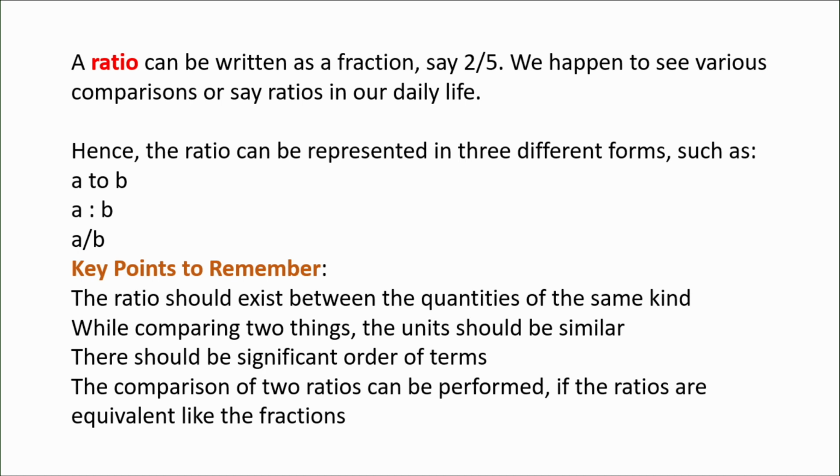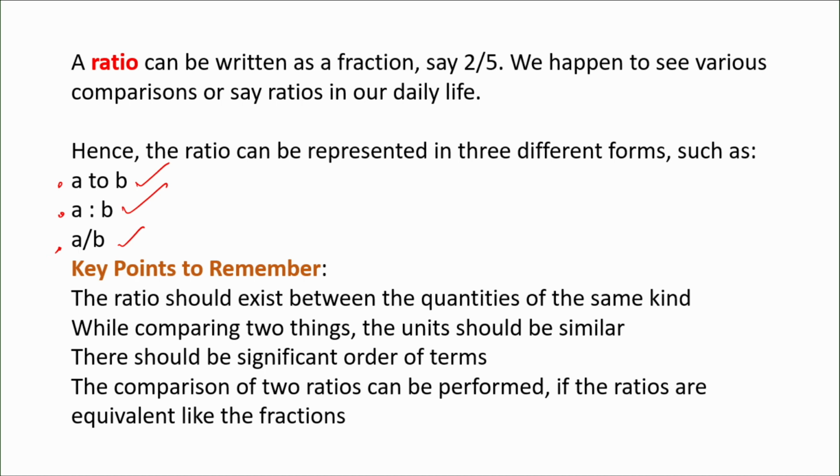For example, A to B. A to B is simply as we can say A is to B. So, A to B, we can call it as A to B, A is to B, A by B. These are the three forms to represent the ratio.